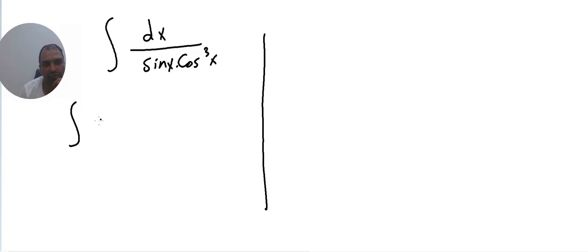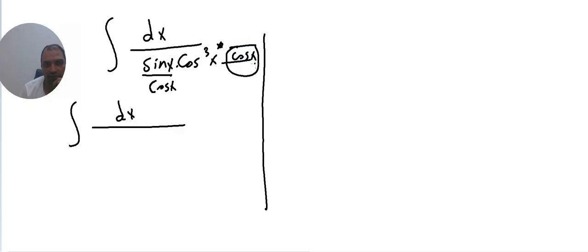We can write the integration of dx. We can product by cosine and divide by cosine to convert sine to cosine. So we multiply the fraction by cosine x down and cosine x up, product by cosine x and divide by cosine x.